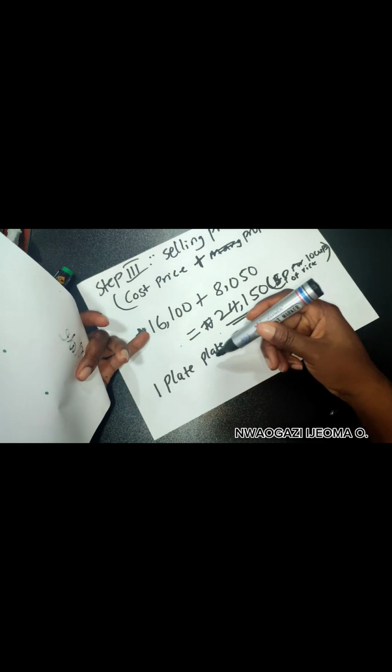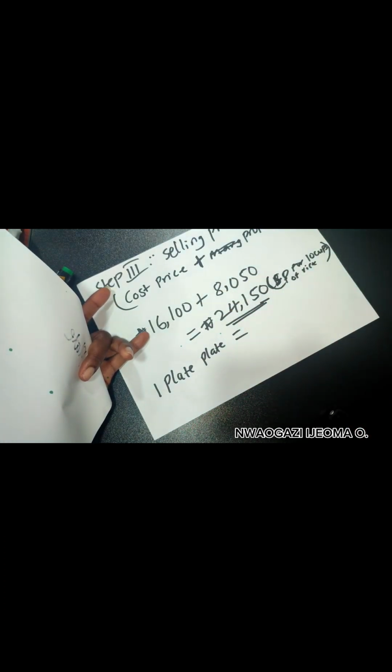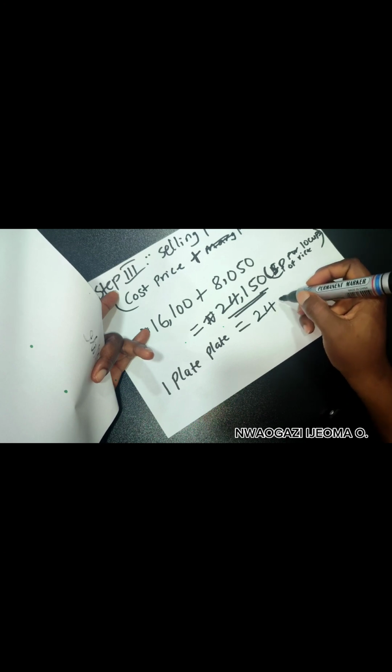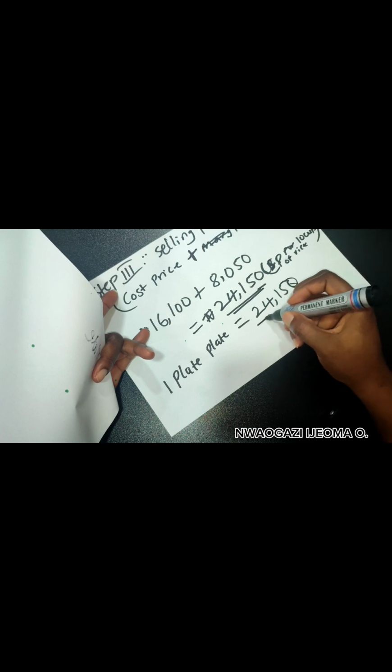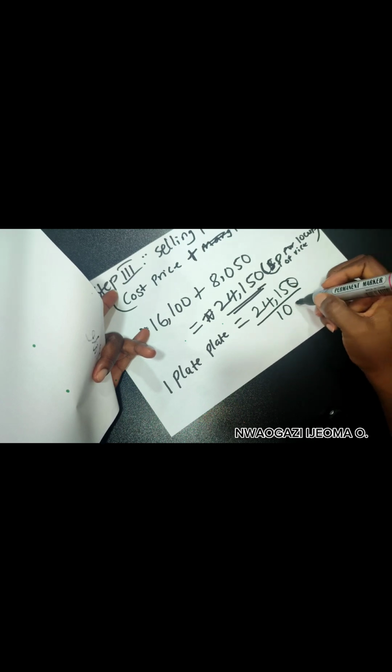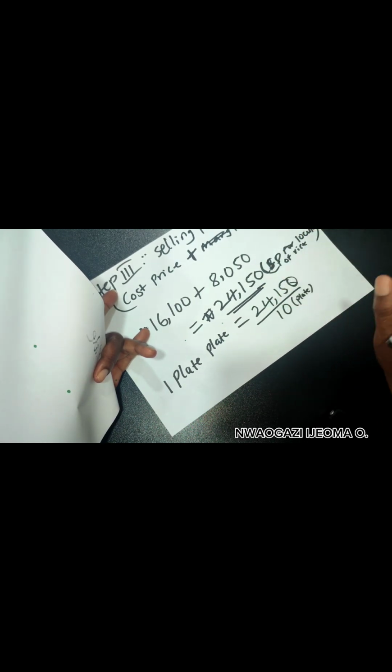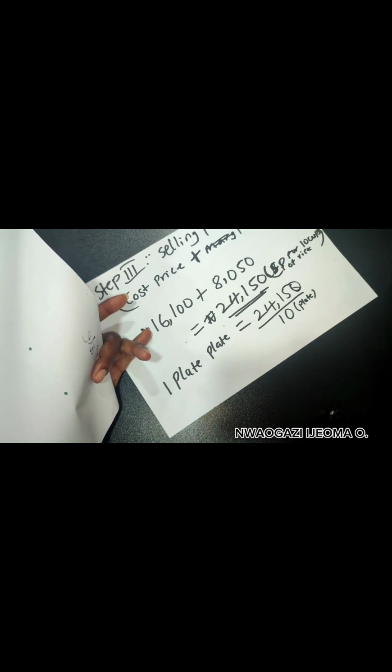Because I said our rice will serve 10 people, we'll do 24,150 divided by 10, because we are serving 10 plates. Like this whole rice will amount to 10 plates. Do you understand?